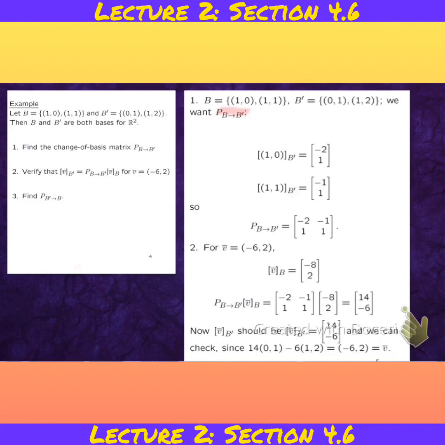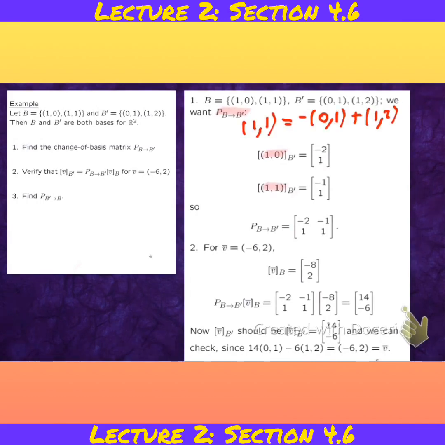So we take the first vector in B, which is (1, 0), and we find the coordinate vector of (1, 0) in terms of B prime. So we're going to take (1, 0) and write it as a linear combination of the vectors in B prime. Alright, so setting up our linear equation, we can solve these coefficients as -2 and 1. Right, so there we've got -2 and 1.